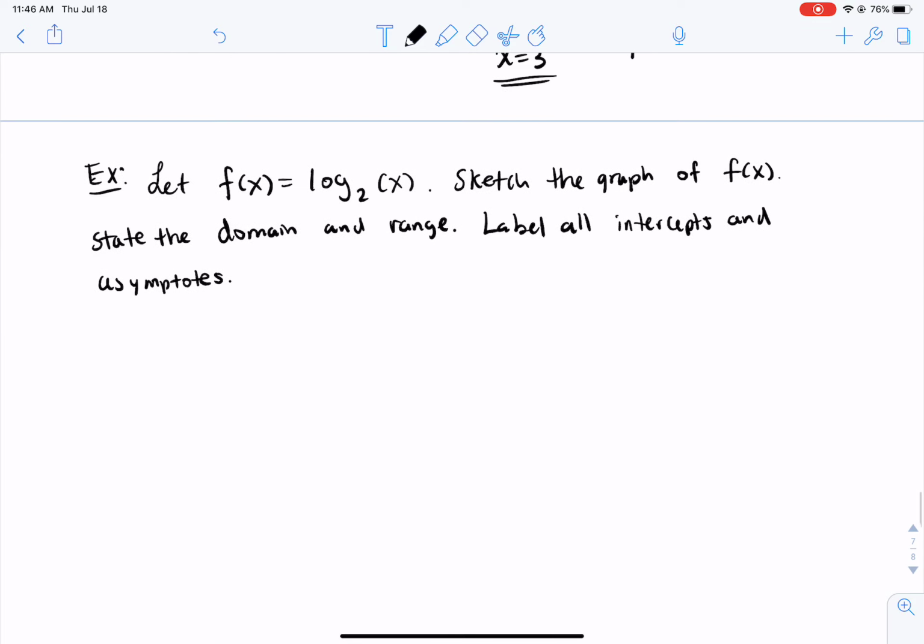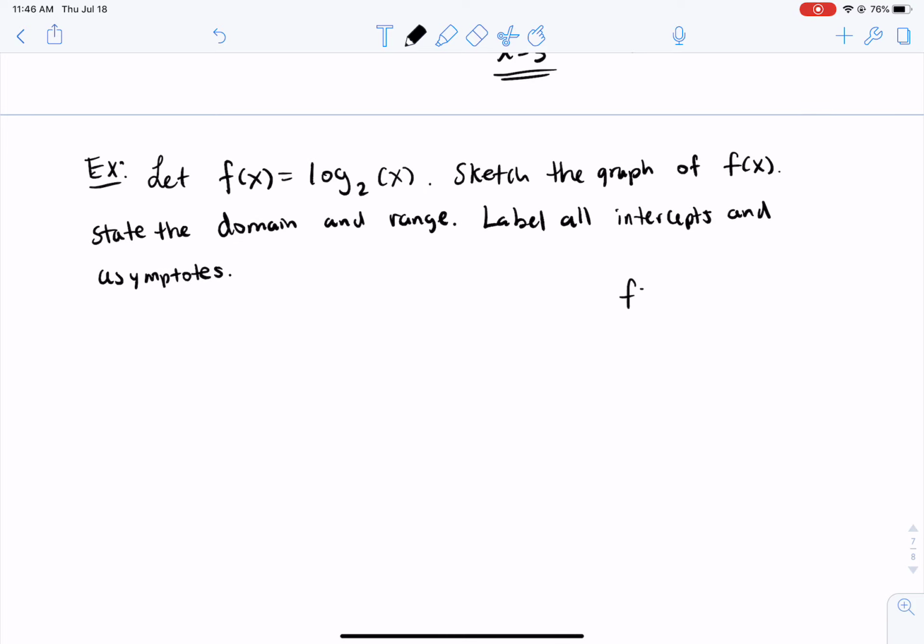And the way that we're going to do this is, let's consider f of x here, what we're given, log base 2 of x. And on the other side, the left side, we're going to write another function here. Consider an exponential function.